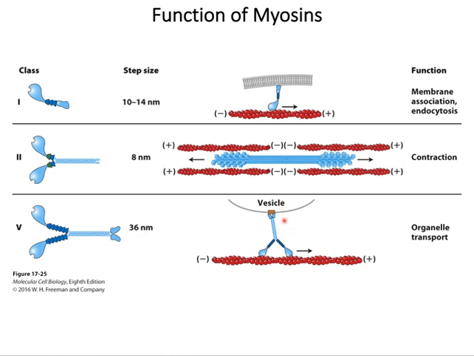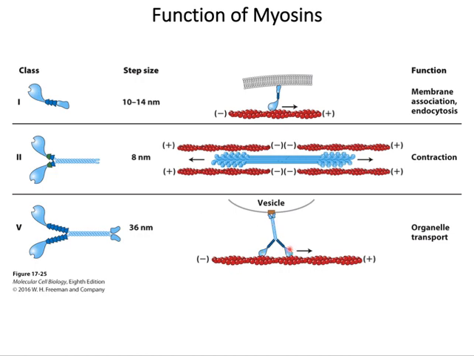It moves vesicles from the minus end to the plus end of the actin in cells and also positions organelles. So in this diagram, you can see that the myosin 5 tail is bound to an organelle such as a mitochondrion and moving it around in the cell using actin as a roadway.